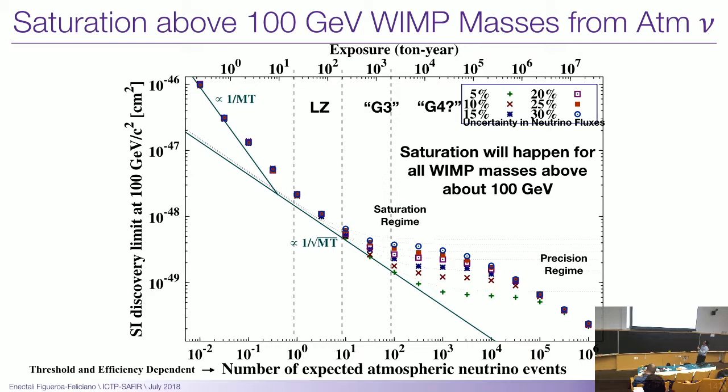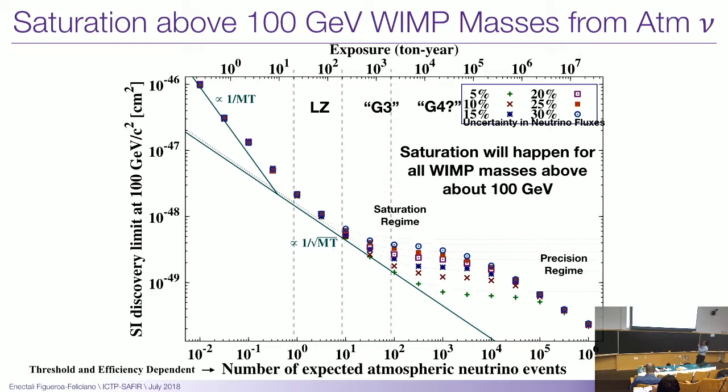But you can see the problem is that after LZ is not exactly the place where it will gain a lot, but the next generation is going to be squarely in this flat part. So making an experiment that's 10 times bigger than a 10 times bigger LZ experiment won't actually give you a lot more sensitivity to dark matter. And that's why we call it the neutrino floor.